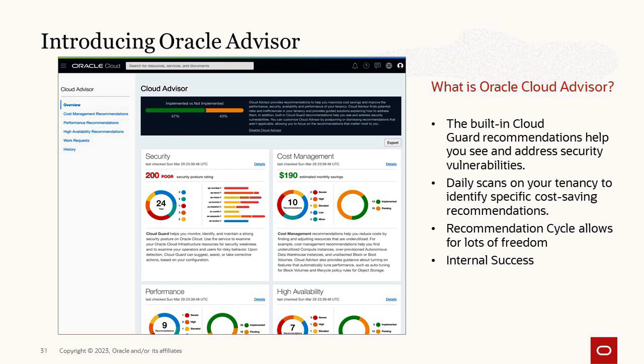And this is going to have daily scans to take a look for 3 key metrics: cost management, performance, and high availability. The security tab is going to be from CloudGuard, where it will give you a list of some of the important CloudGuard recommendations. And within all of these 4 parameters, you're going to get different suggestions to help you with the respective areas.